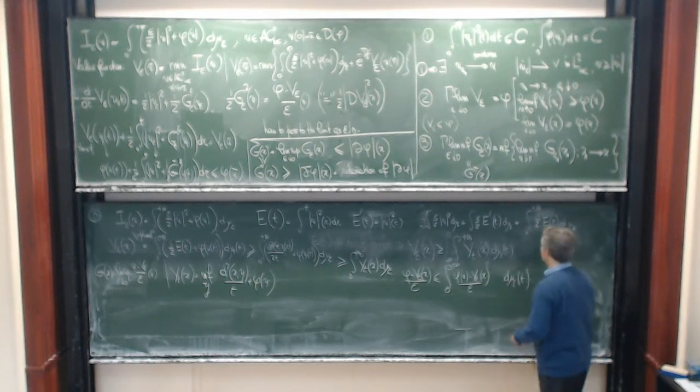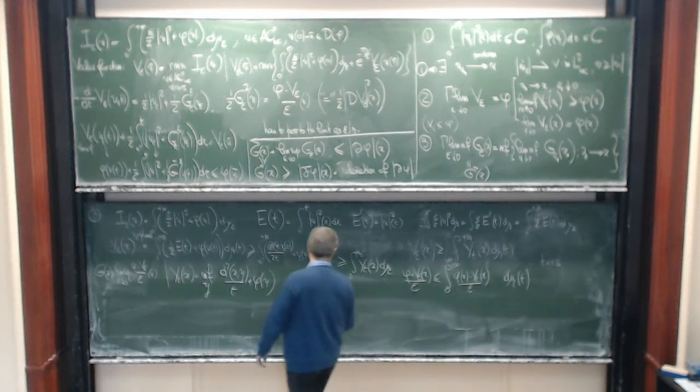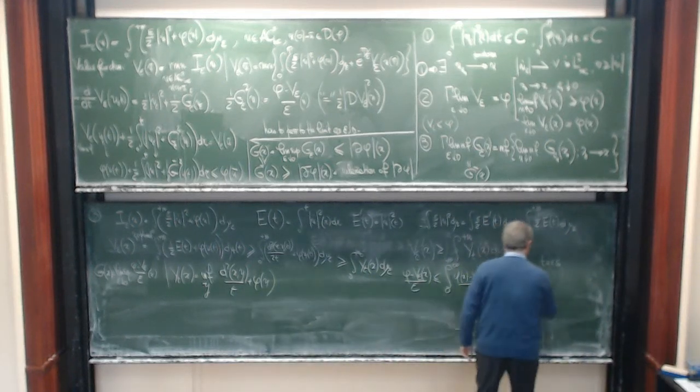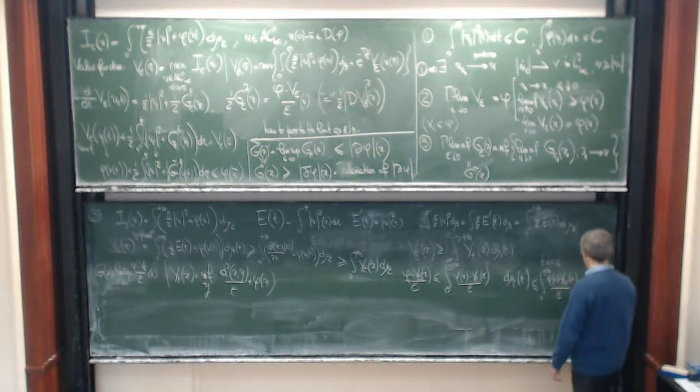By rescaling variables with the same trick as before, you put t equal epsilon s, and so we get this inequality: the integral from 0 to plus infinity of phi of x minus y t epsilon of x divided by epsilon multiplied by, sorry, there is an s here, e minus s ds.